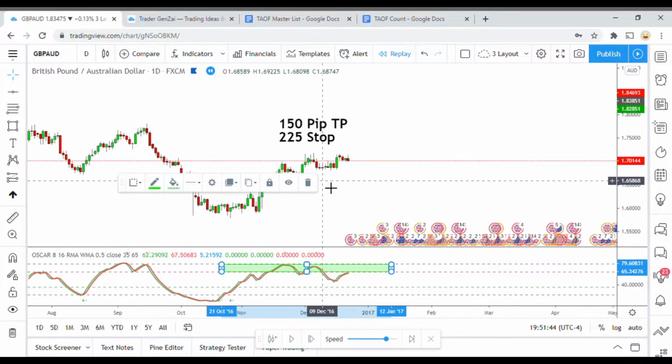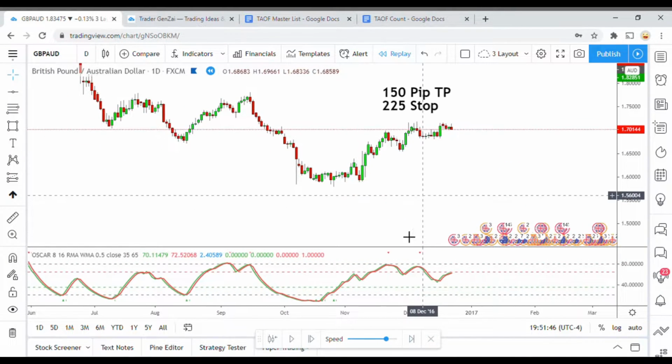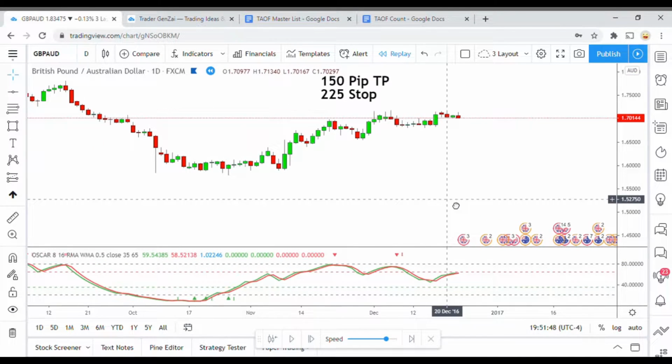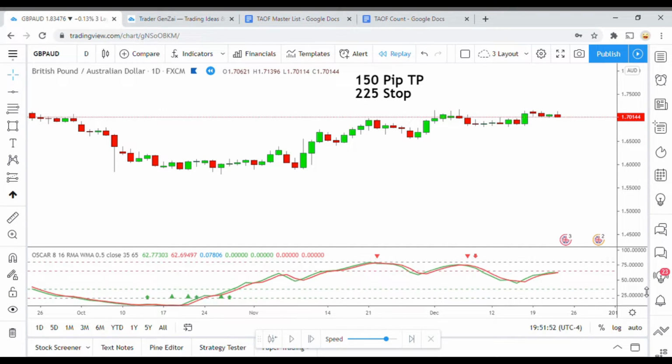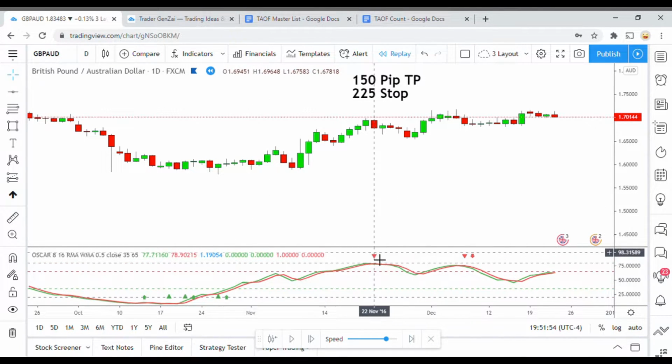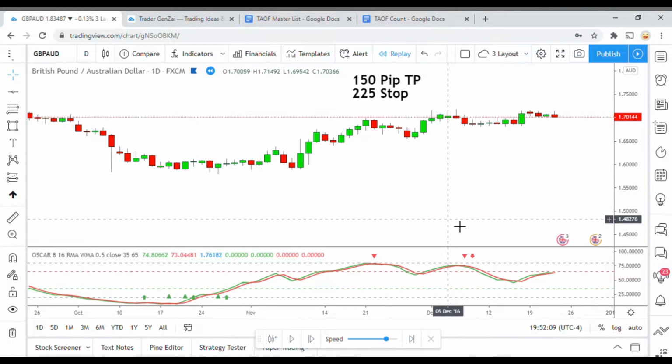And it's hard to see, but let me see if I can zoom in here. There we go. So it's hard to see, but right here you can see that it is giving us these little triangles and these little arrows.